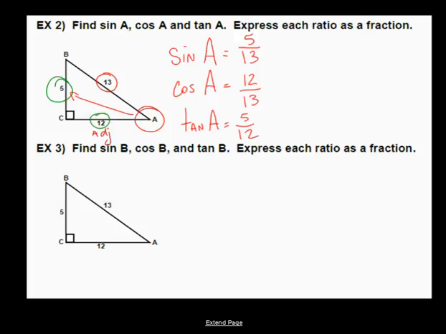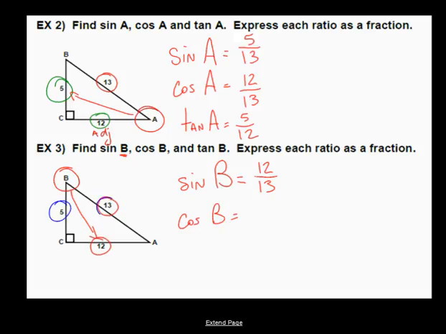Example 3 is doing the same thing, except this time we're looking at angle B. Here's angle B. So I'm going to do the sine of B. The opposite side is 12 and the hypotenuse is 13, so I need 12 over 13. My cosine of B, here I need the adjacent and the hypotenuse, so that's going to be 5 over 13.